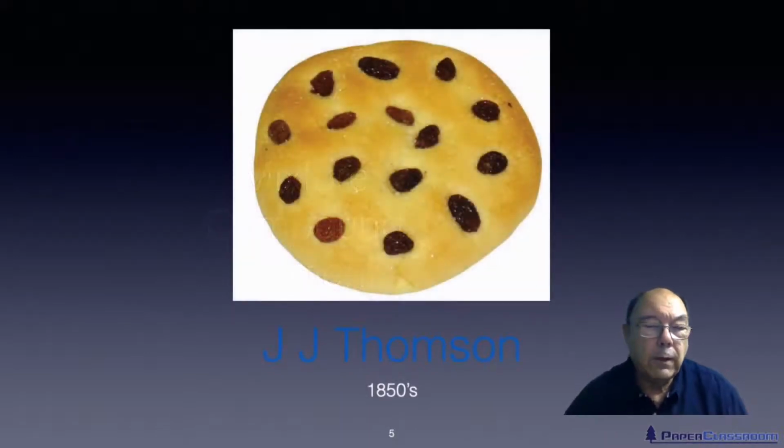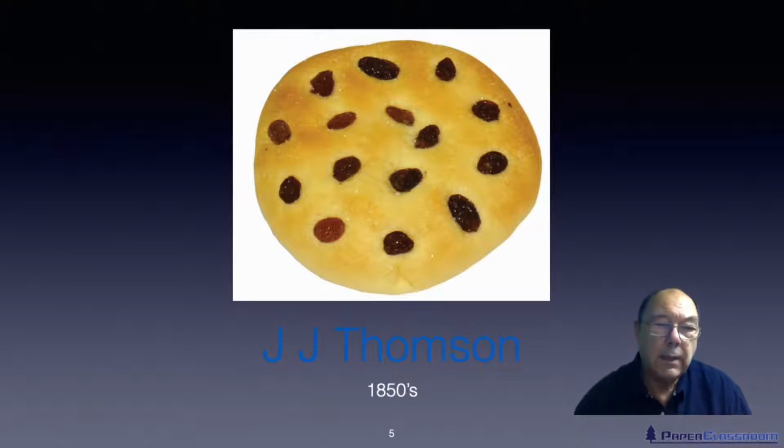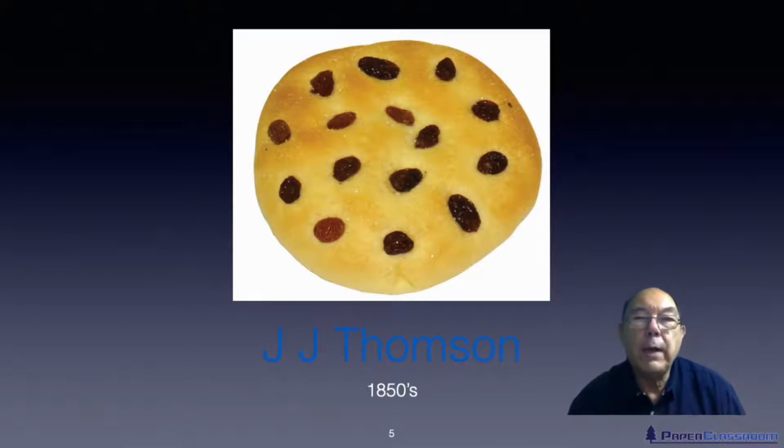Now, following this Greek idea from nearly 2,000 years ago, that an atom was this indestructible tiny particle, things moved on, and by the 1850s, they'd realised that although atoms were electrically neutral, they did have positive aspects and negative aspects to them.